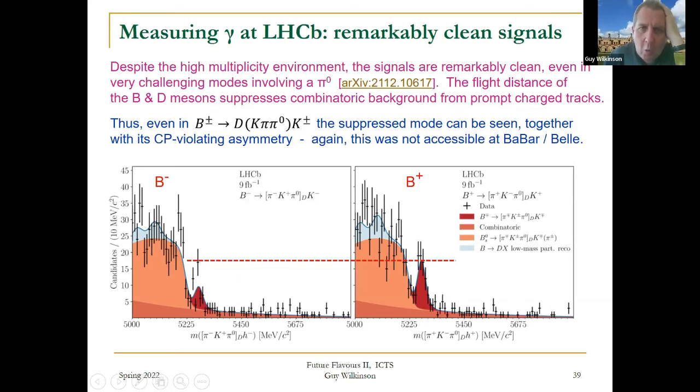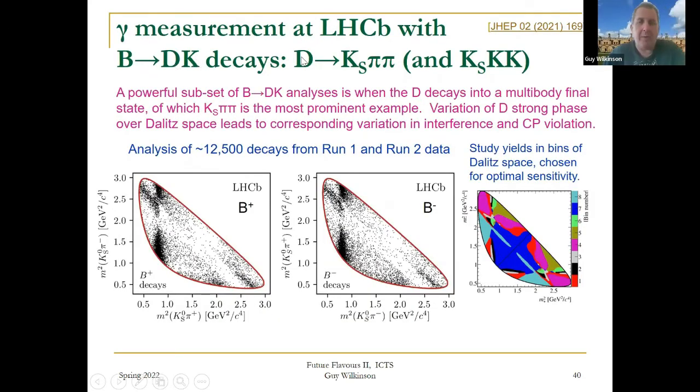And you can look at other decay modes. So these are all of the same sort, B to DK, but we're looking at the D decaying in different ways. So we can look at the D decaying into a three-body mode. Well, K pi pi 0 we just looked at, it's a three-body mode, but let's look at the K short pi pi case. Here, what we will look at is not just the overall difference in the rates, but we will zoom in on the phase space of the D decay.